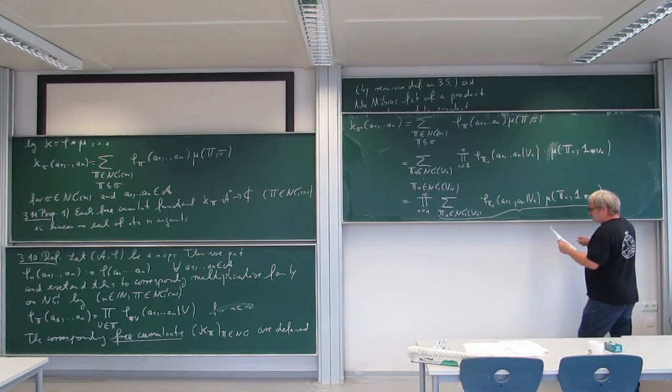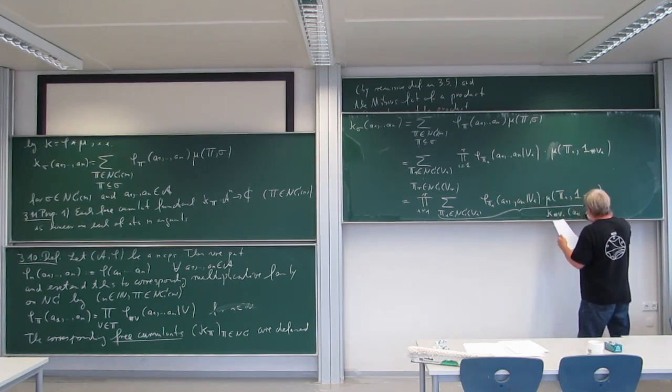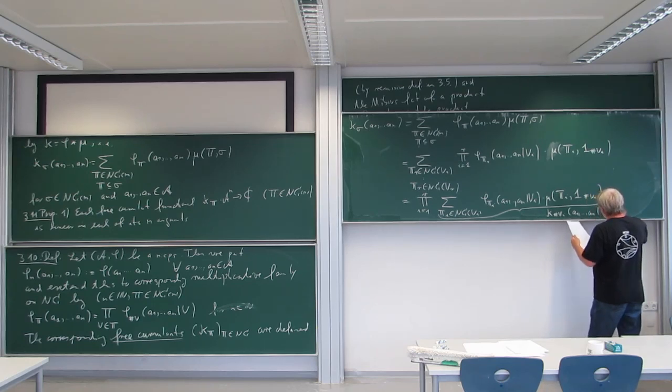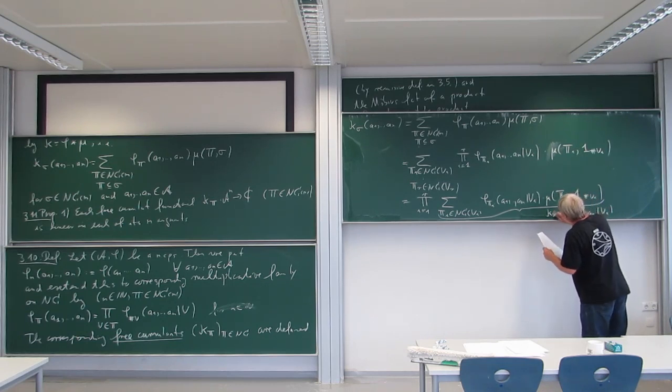So this here is nothing else than kappa of the elements Vi, a1 to an restricted to Vi. Yeah, maybe better I should write the kappa corresponding to the one partition for Vi.